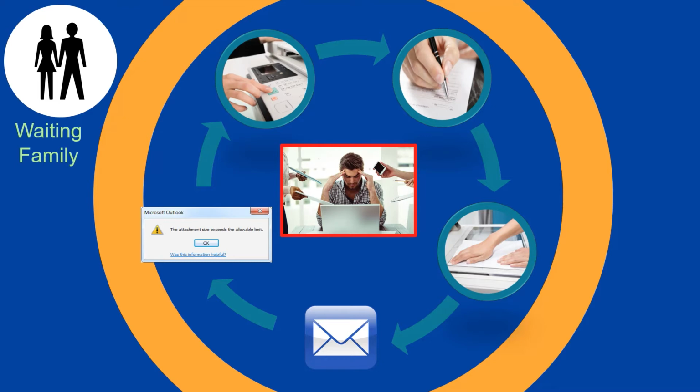To give you an idea, every document has to be signed by them. And for this, they have to print a document, sign it, then scan it, and then email it back to the agency. And often it happens that the maximum email size is reached because of all those attachments. And then they have to find their own way to get the documents to the agency.